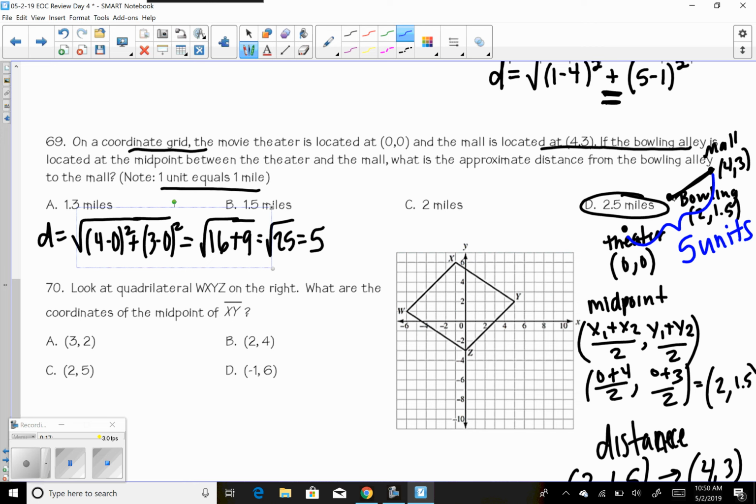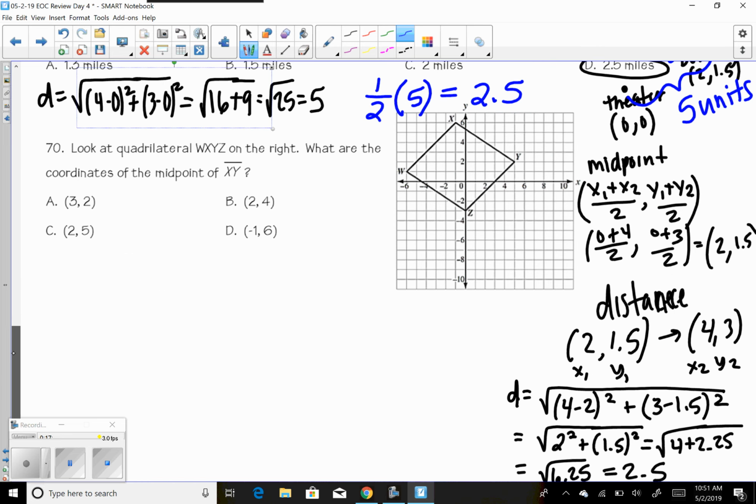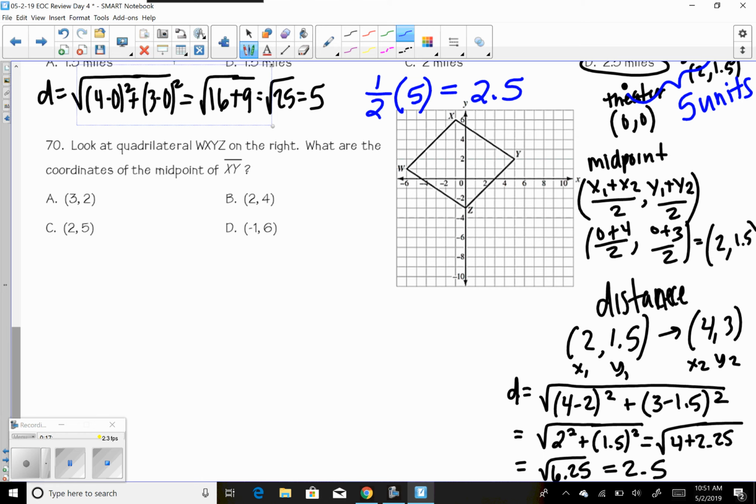If the bowling alley is halfway, it's 1/2 of 5 units, and 1/2 of 5 is 2.5. That's a little bit quicker than finding the midpoint and then doing the distance formula again. Since the bowling alley is exactly halfway, you take the distance and divide it by 2. That's just another way you could do that.